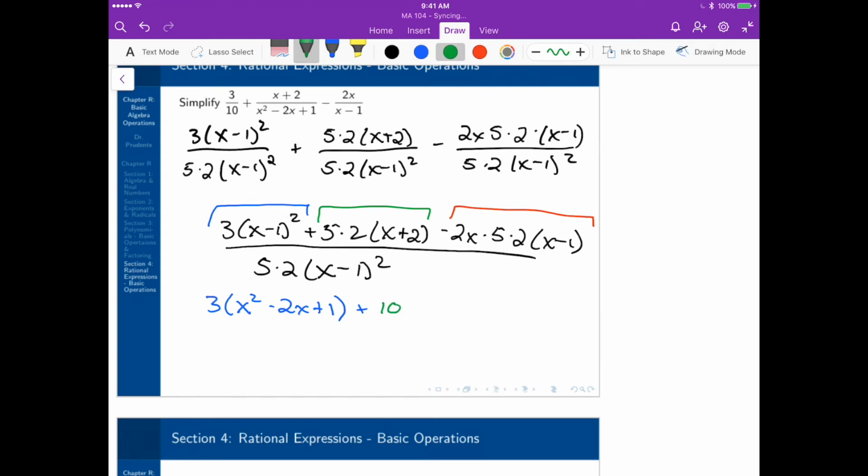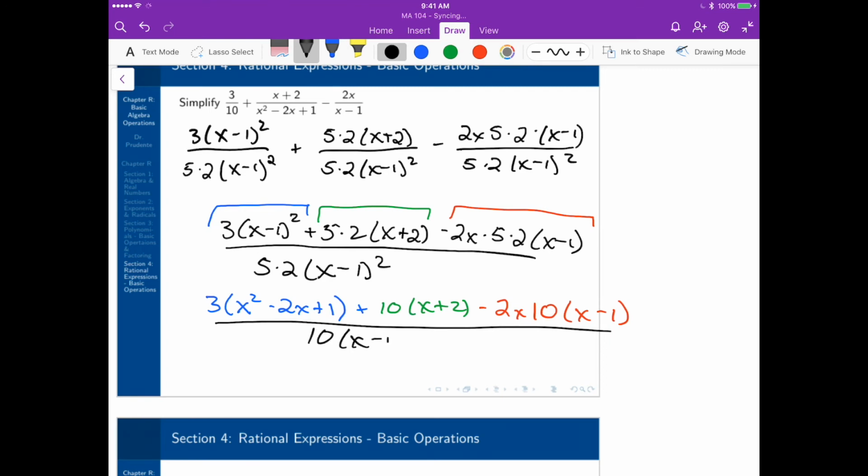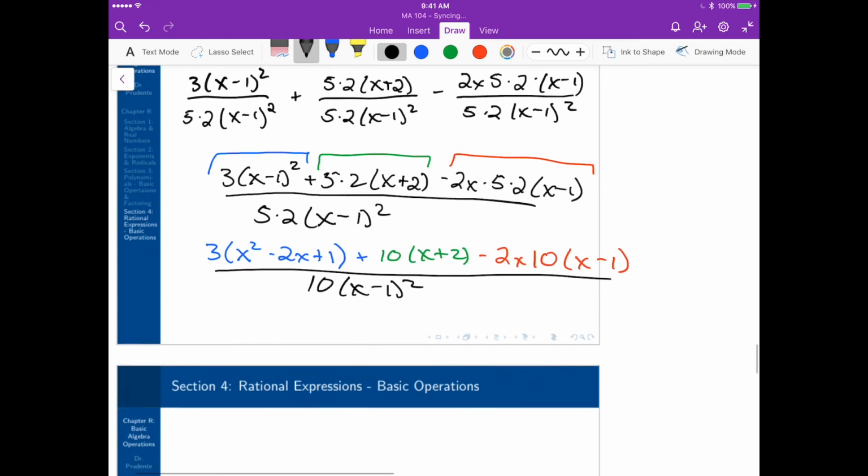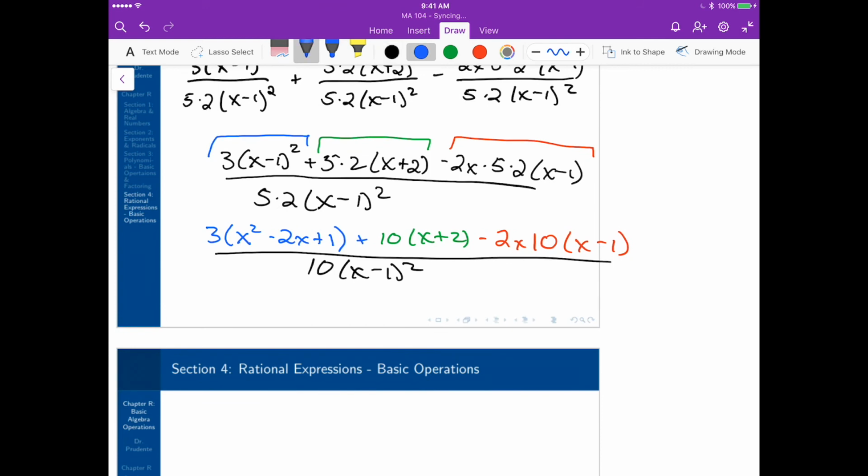Right here, I get 10x plus 2 minus 2x times 10x minus 1. Right? And it's still all over my same denominator. We'll make that 10x minus 1 squared, and we'll work on simplifying it one more time.